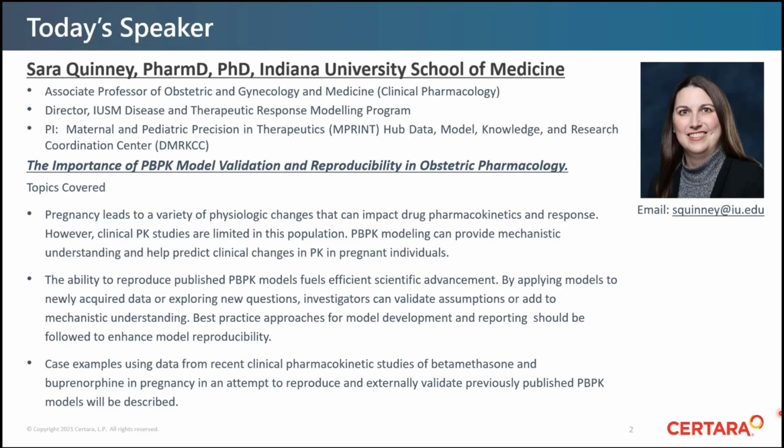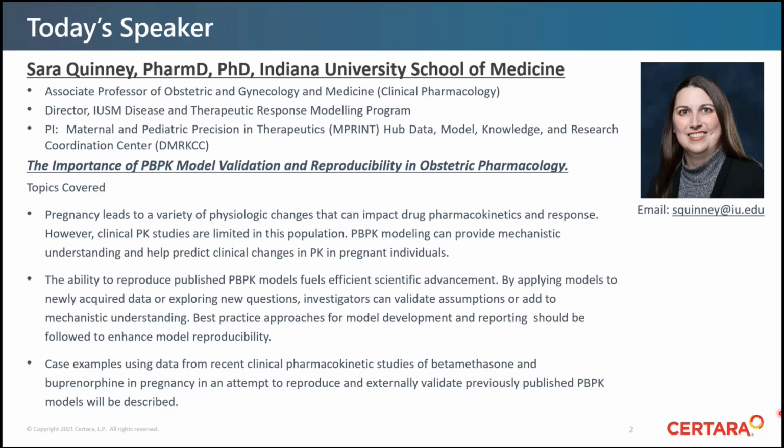You can see she's a PI on this center, and this Model Knowledge and Research Coordination Center. So we've asked her to present on a paper that was published.